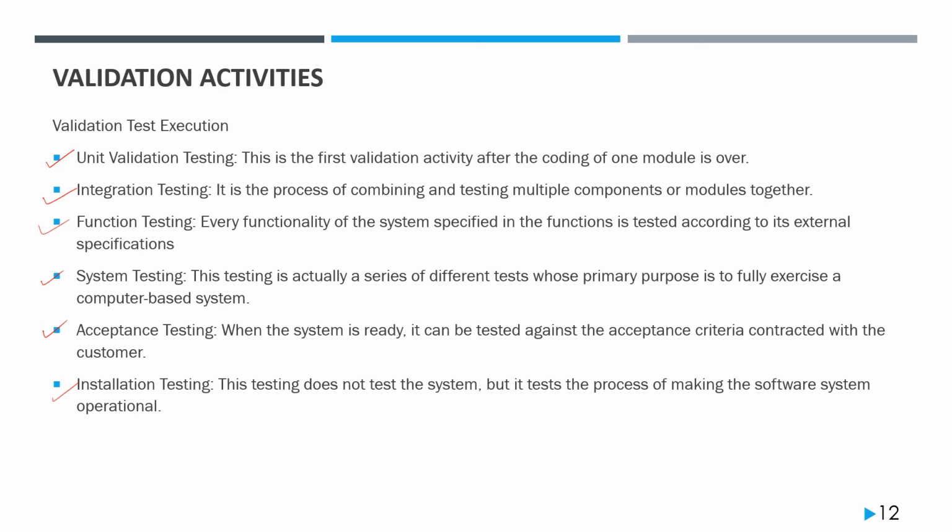After the completion of every SDLC phase, the tester prepares a test plan corresponding to the particular validation testing. It means the tester does two tasks in parallel: verification of every stage and planning for validation of every stage. Fine. So with this, we completed this topic, verification and validation.